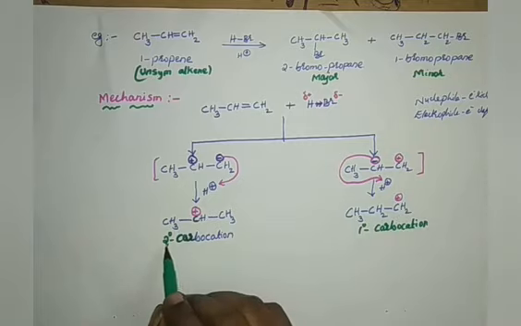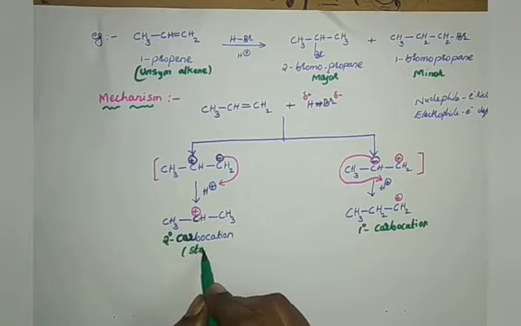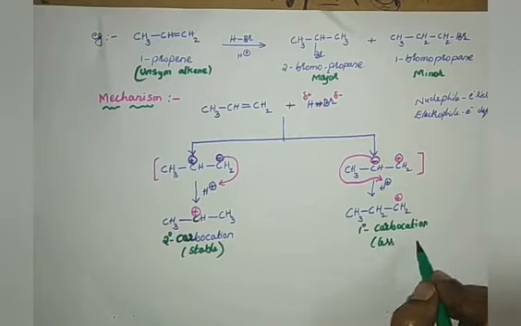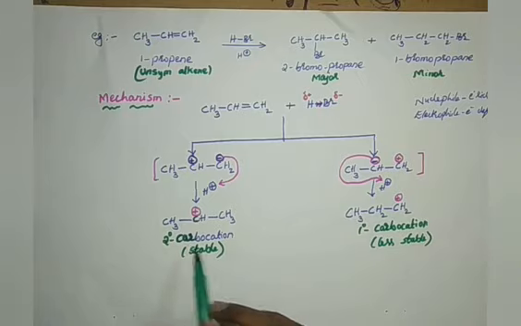And this secondary carbocation is more stable than this primary carbocation. Less stable or not stable, I can write. It is more stable, therefore more quantity of this secondary carbocation, the rate of formation of secondary carbocation will be more, right?